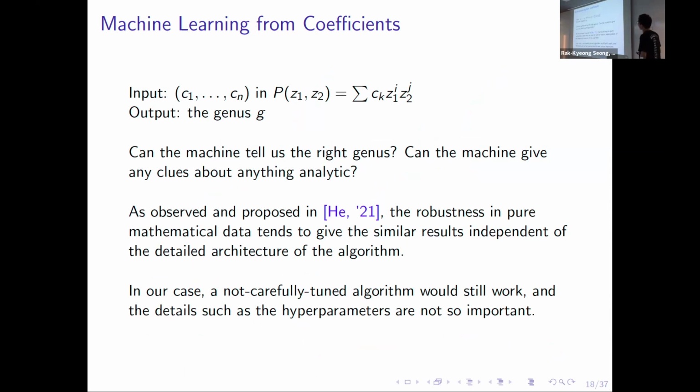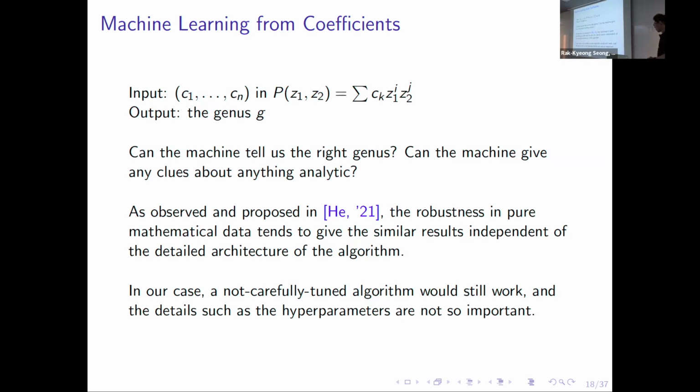Here is some observation in Yang-Hui He's paper, basically saying something like this, which is the robustness of the data: it tends to give similar results independent of the detailed architecture of the algorithm. At least in the problem we're considering right now, this is the case.